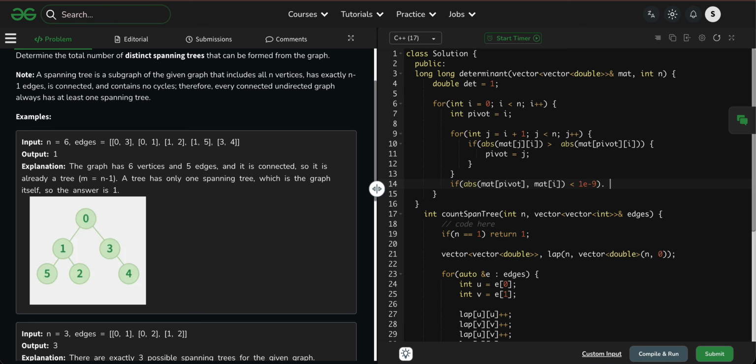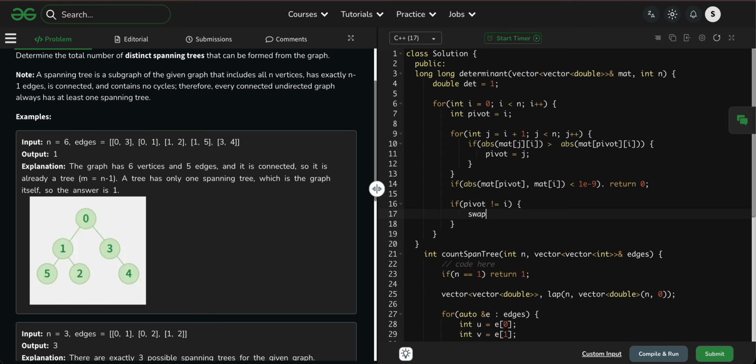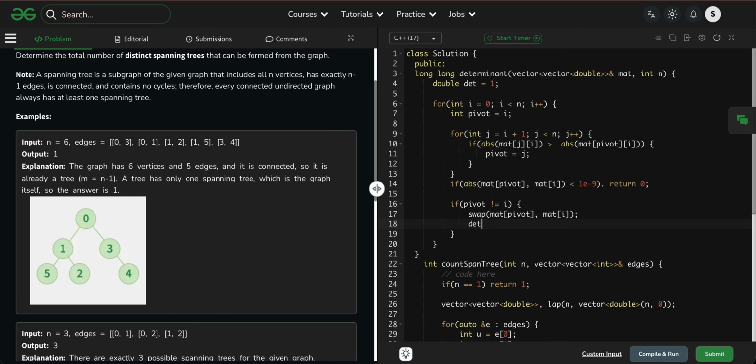And then return 0 if pivot is not equal to I, then swap the mat of pivot of mat of I, right? This is, and determinant of n2 is equal to minus 1.